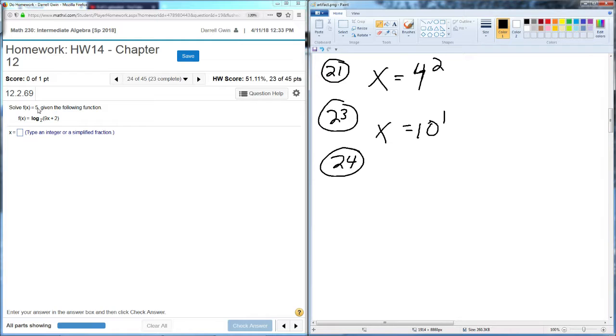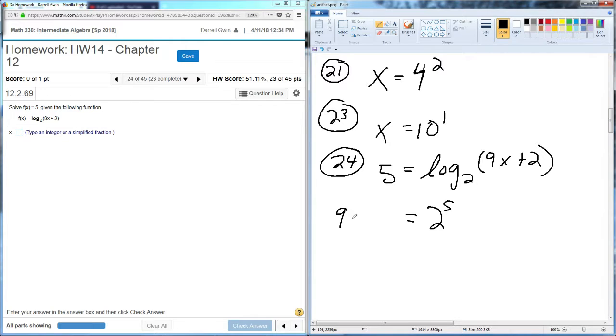24. It says f of x is 5, so instead of writing f of x, I'm going to write 5. So we start with 5 equals log base 2 of 9x plus 2. It's pretty important you understand that when you have a log equation, you have to solve for x. 99.999% of the time you will convert it to exponential to solve it, because doing logs is impossible unless you have a calculator. 2 to the power of 5 is 2 times 2 times 2 times 2 times 2, which is 32.